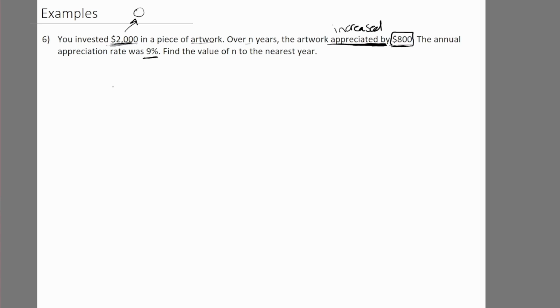So if I want to know the current value, it would be 2000, which was the original, plus 800, which is the amount that it appreciated by or increased by. So it's 2,800. And the rate R is equal to 9, and the original is 2000. So we can go ahead and write out the rule.